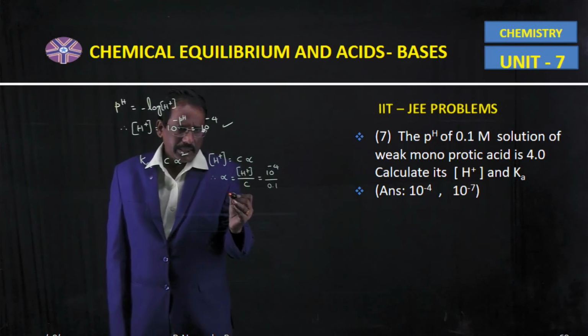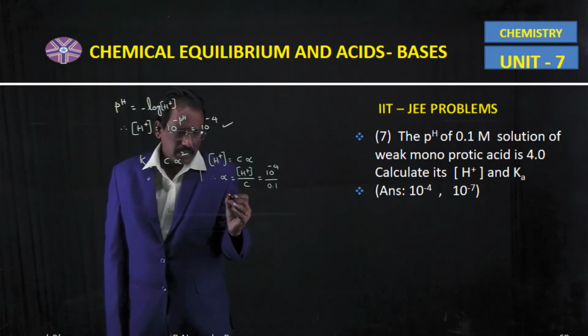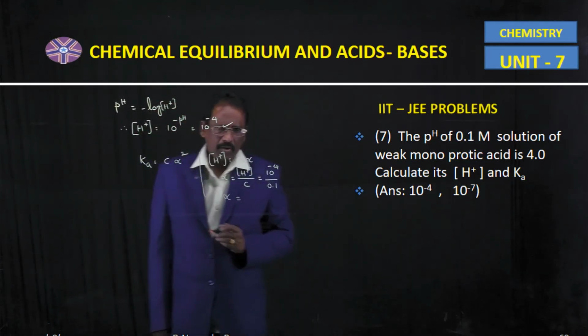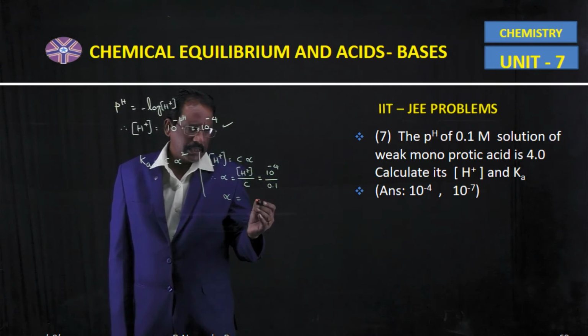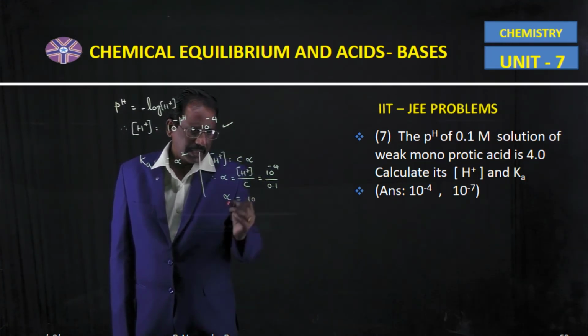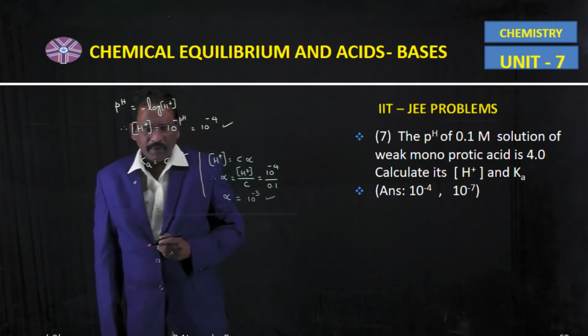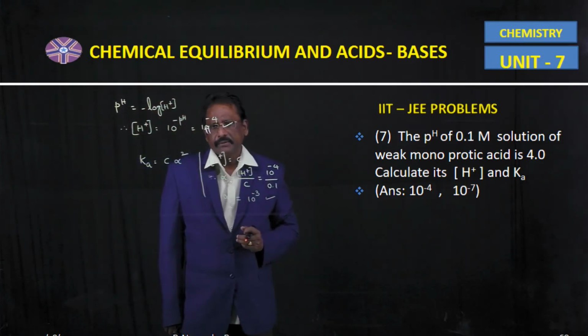So the degree of ionization of this weak acid is equal to 10 power minus 3.